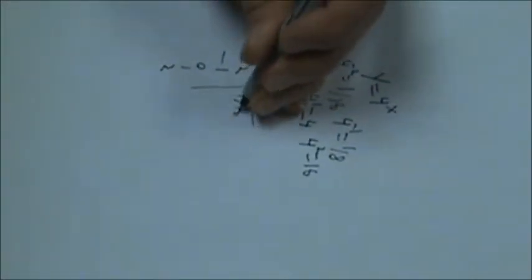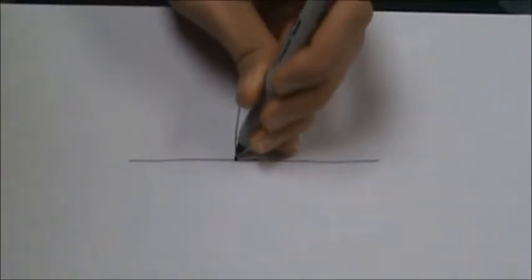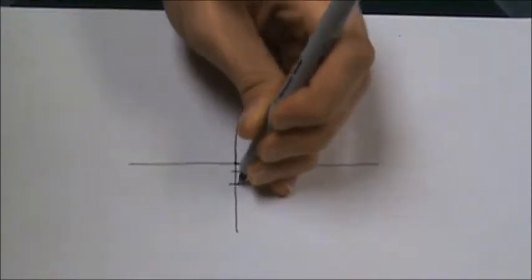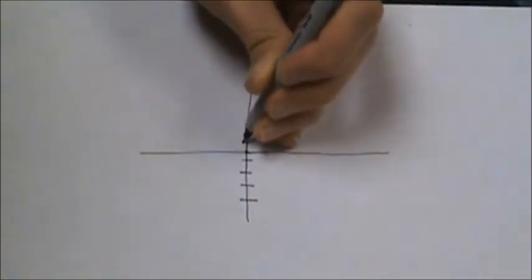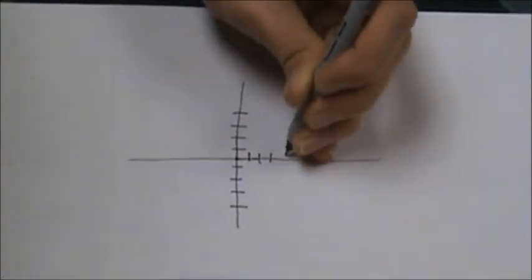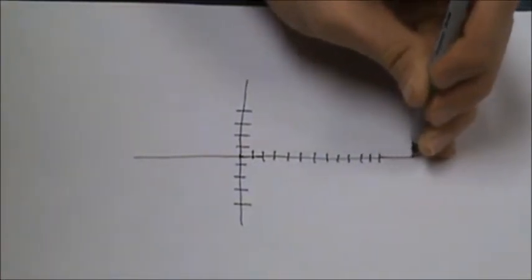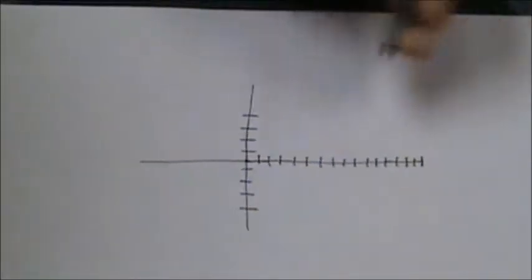So the table of values will look like this. x and y. Negative 2, negative 1, 0, 1, 2. 1 over 16, 1 over 4, 1, 4, and 16. Okay.